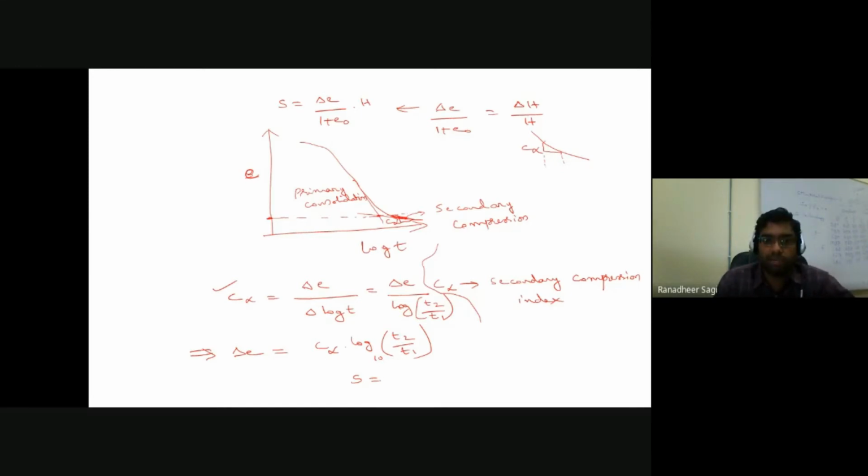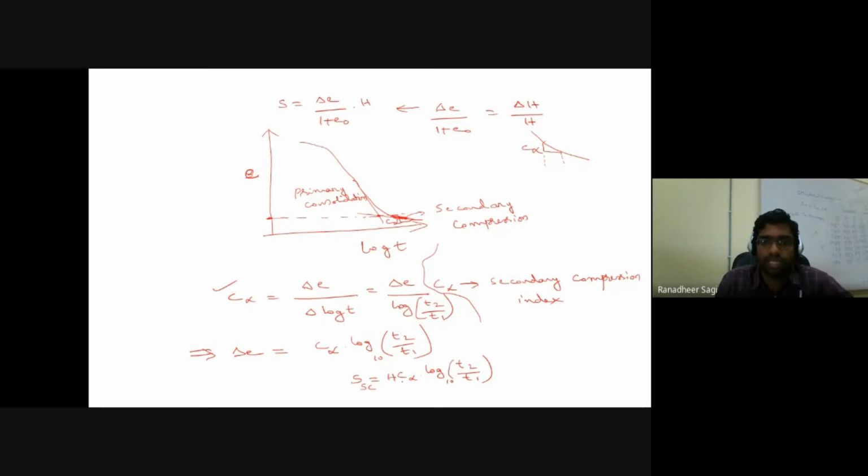So automatically my settlement due to secondary compression is C alpha into log t2 by t1 to the base 10, into H. Okay, H I'll try to write in the front.